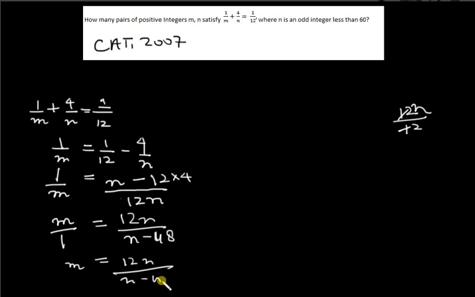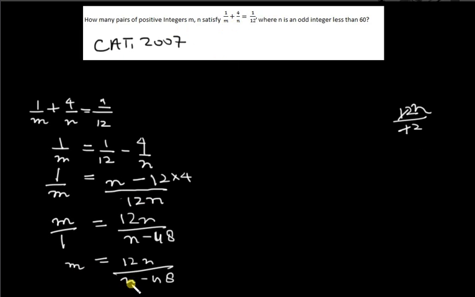Now I have to find a number here that should be less than 60 and should be a positive integer for both m and n.